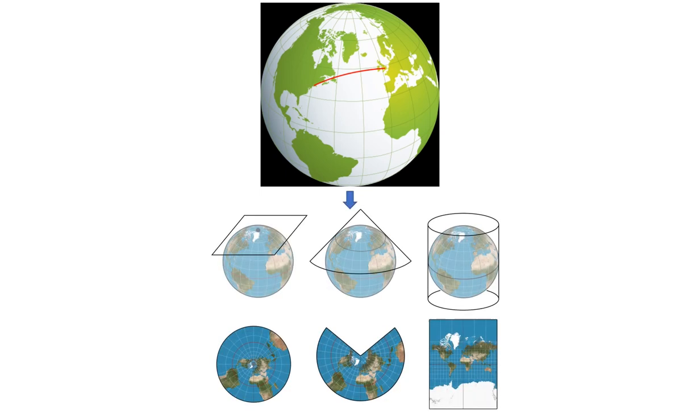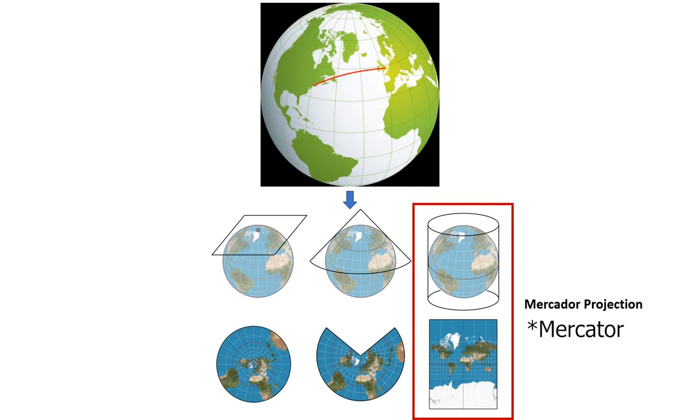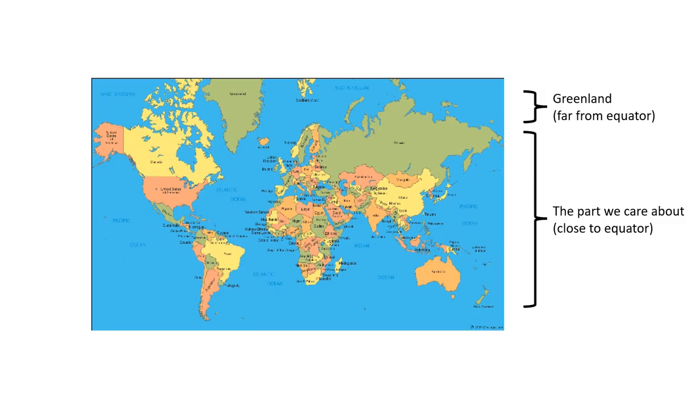For example, when we draw a map of the Earth's surface, we're using projection to stretch this round surface onto a flat plane. And the most common way to do this is called a Mercator projection, which stretches the poles while keeping the parts near the equator relatively intact. The reason you don't usually notice this is that the majority of the land we care about is close to the equator.